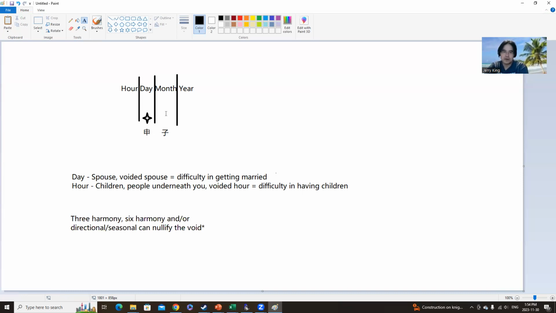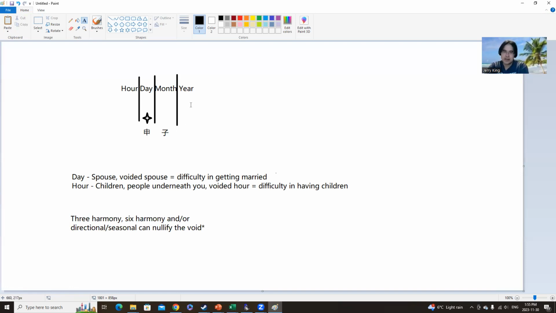And obviously you want to know what happens if the month is voided or the year is voided. Well, the month is usually used to represent the parents or people that are older than you, right? So possibly not having parents around you at a young age, that's possible as well. However, a combination can solve that problem as well.